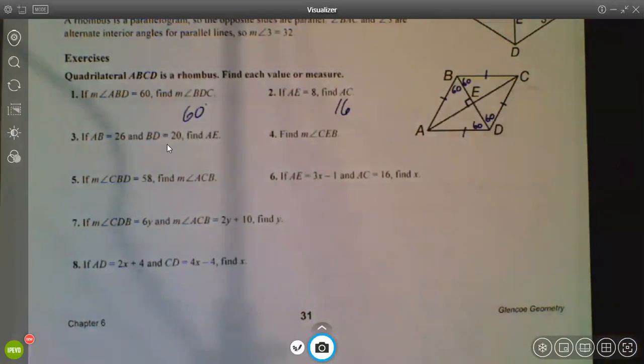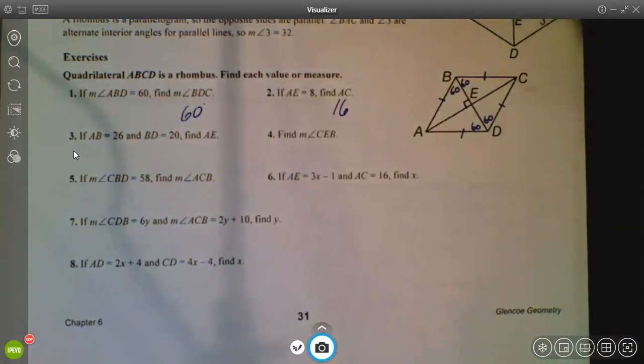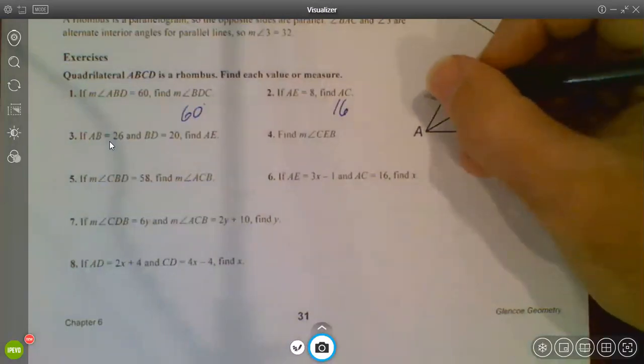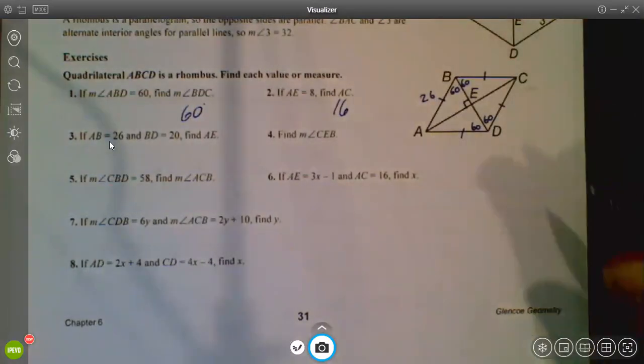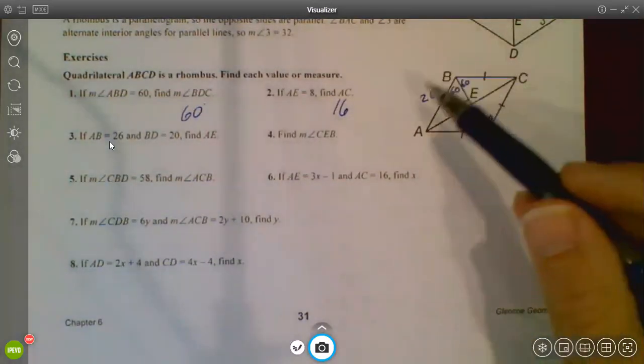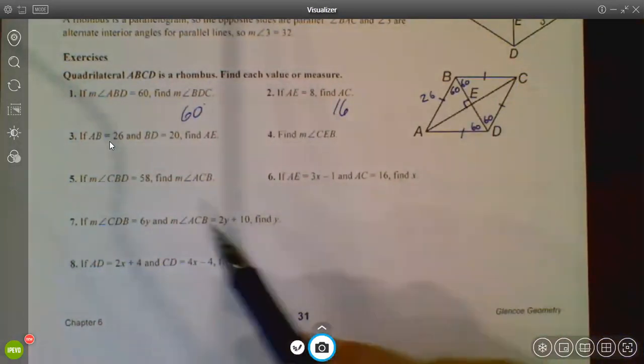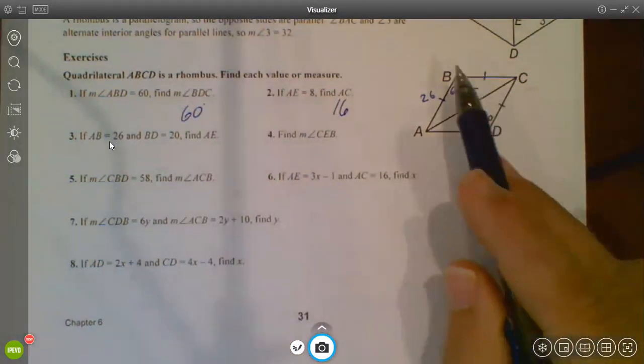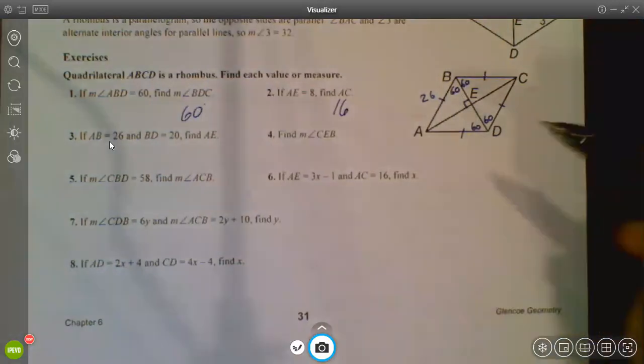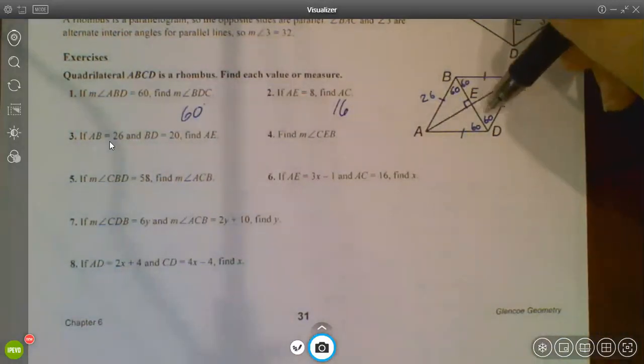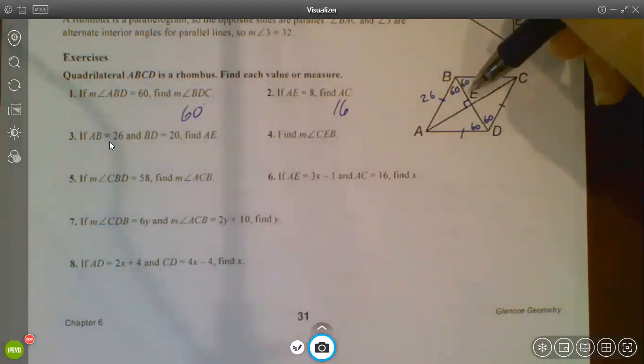And then just to come back to some right triangle stuff, take a look at number 3 with me. If AB were 26, well, first of all, keep in mind that's going to make all 4 of those 26. If BD is 20, so remember we just mentioned that diagonals bisect each other in a parallelogram.